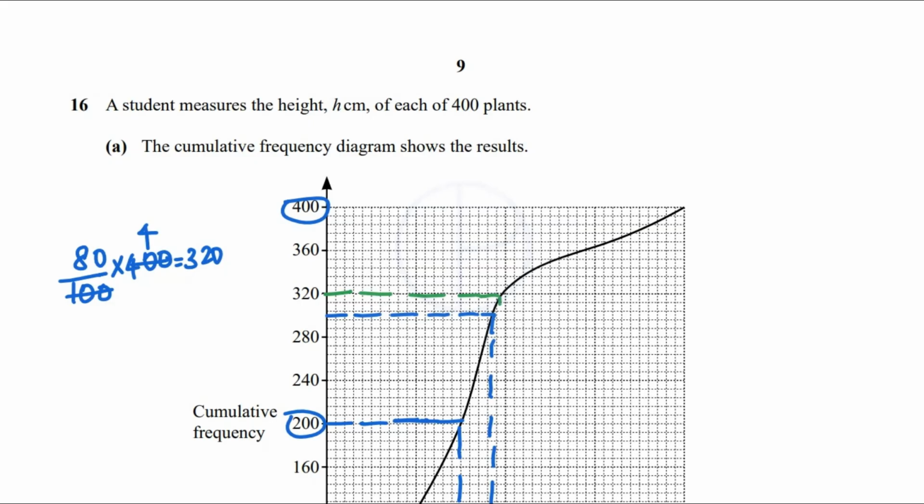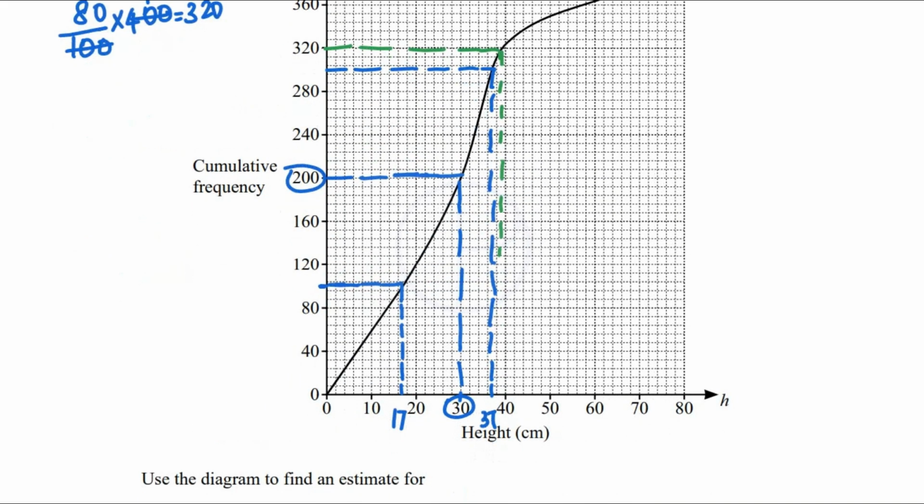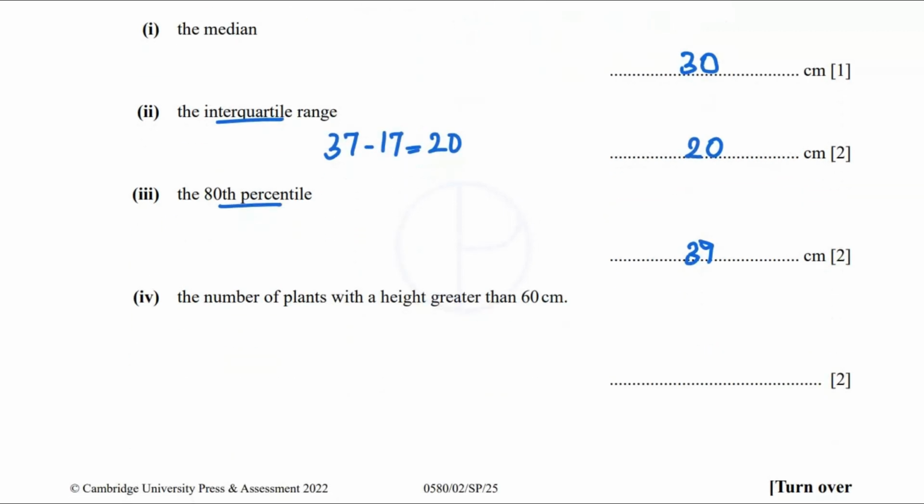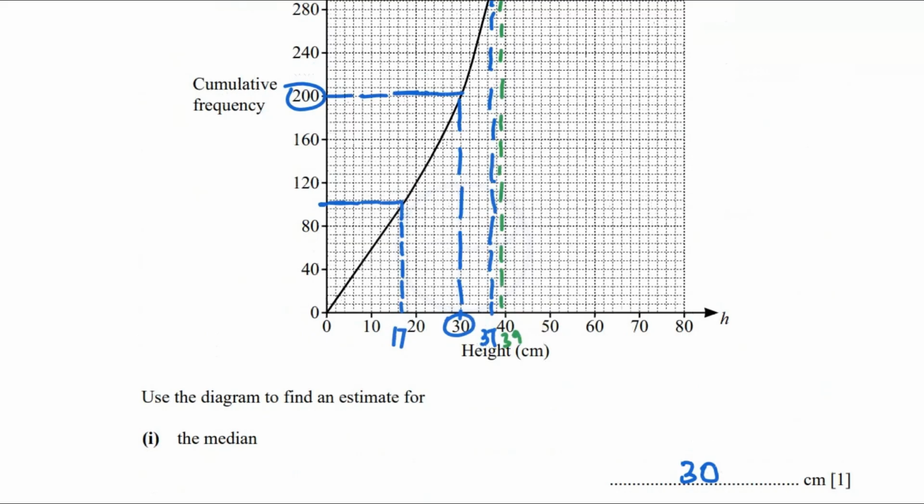Again, this is also in the middle. So that is 37, then this must be 39. The 80th percentile is 39. The number of plants with a height greater than 60 centimeter.